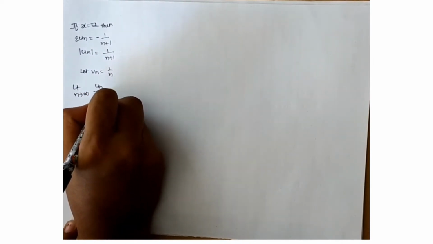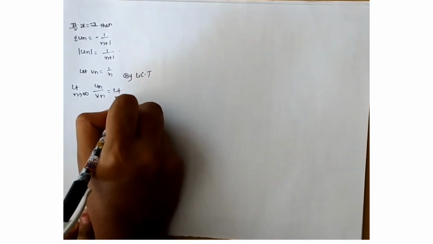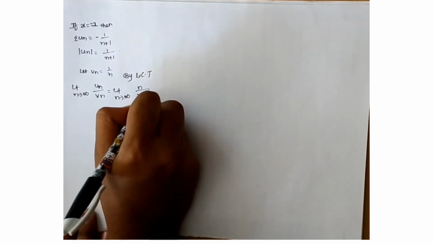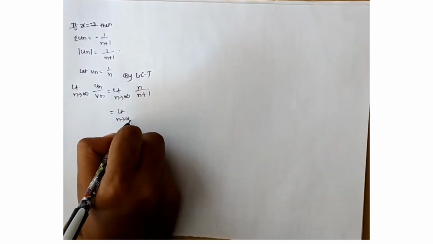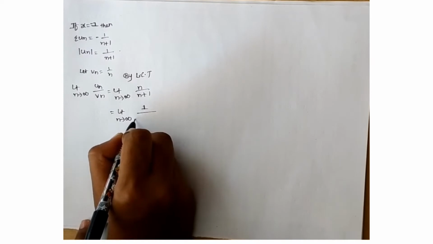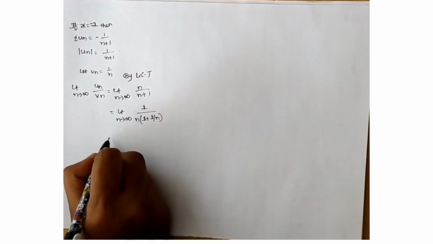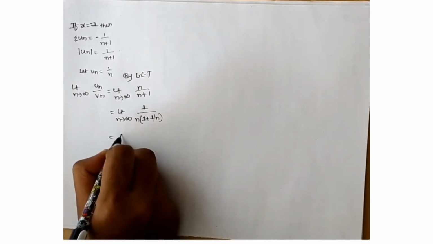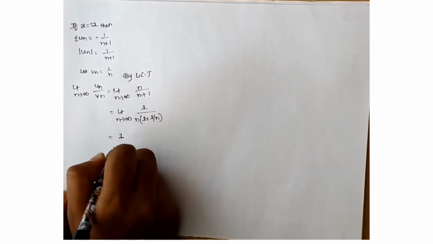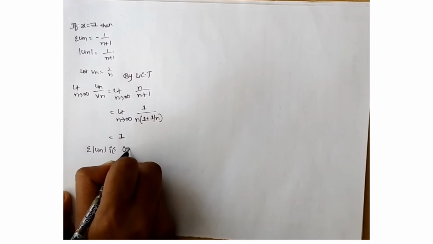Limit n tends to infinity of un by Vn, by the limit comparison test, equals limit n tends to infinity of n by n plus 1, which equals limit of 1 by 1 plus 1 by n, taking n common from the denominator. By substituting the limit value, we get 1. The required summation un converges.